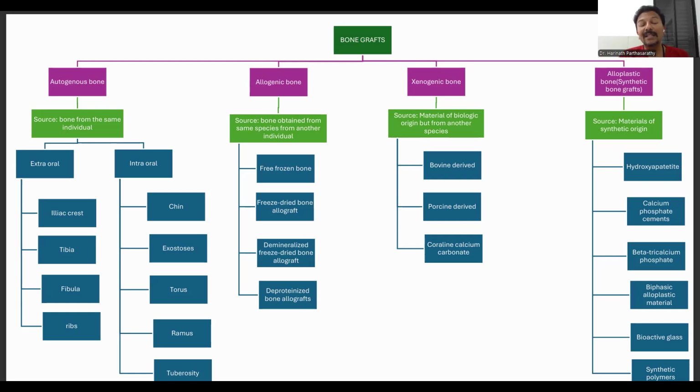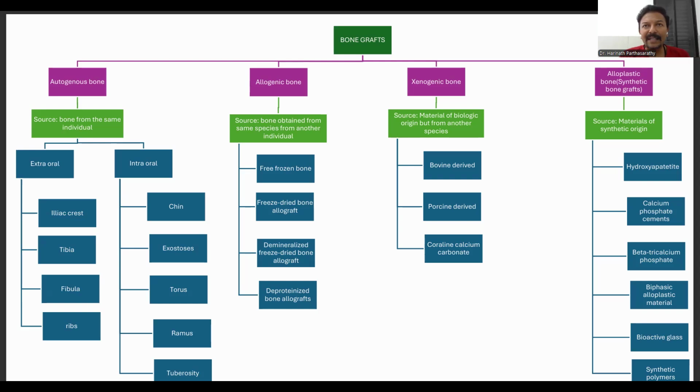DFDBA has the advantage that it is demineralized and it has more bone morphogenic proteins. I told you that autogenous bone has the biggest advantage that it has live viable osteoblasts. That's why it's so osteogenic. The mechanism of bone formation using autogenous graft is called osteogenesis, whereas the mechanism of bone formation using allogenic bone graft is called osteoinduction.